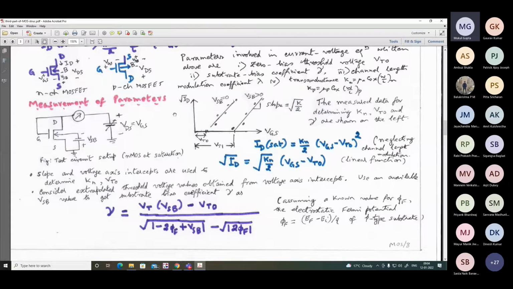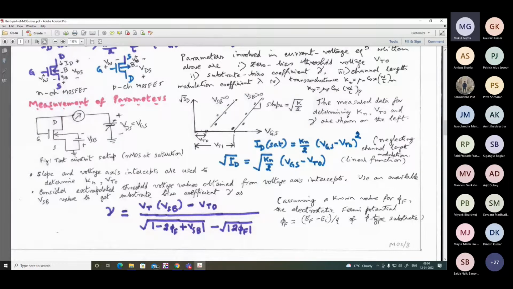And here it is not violating that. Why? Because source is an N plus region, drain is an N plus region, and the body is a mildly doped P-type substrate. So the PN plus junction remains reverse biased, because P is connected to the negative pole. It will not violate, so this will work.